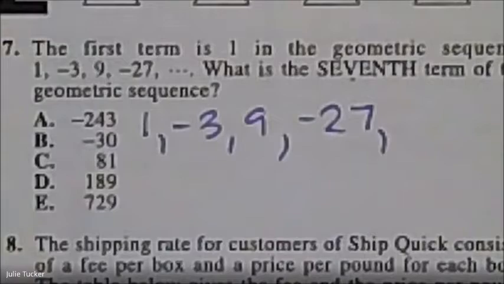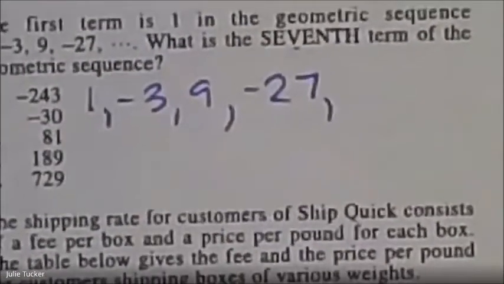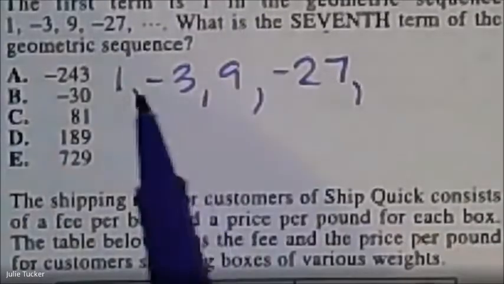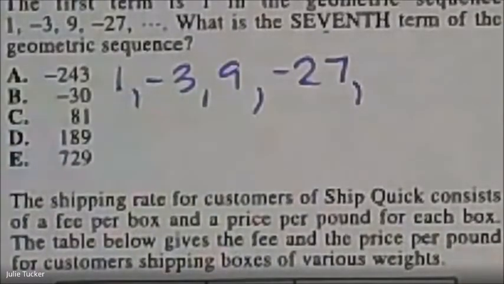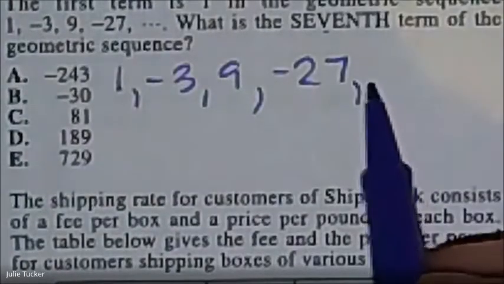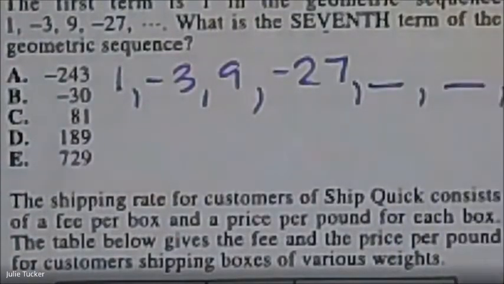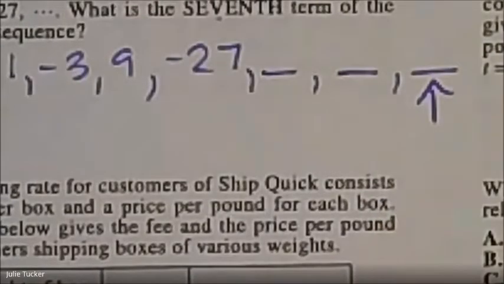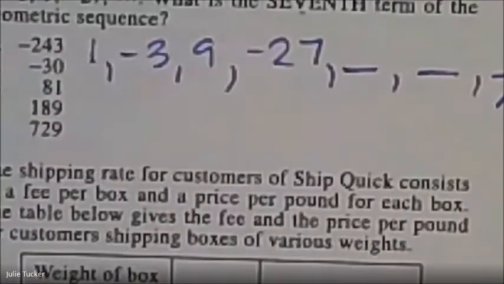What is the 7th term? Couldn't you just figure them out one thing at a time? You have 4 terms. Then you would have the 5th term, the 6th term, the 7th term. And the 7th one would be the right answer, right? Yeah. So you're going to have to figure out the pattern. So what's happening every time?